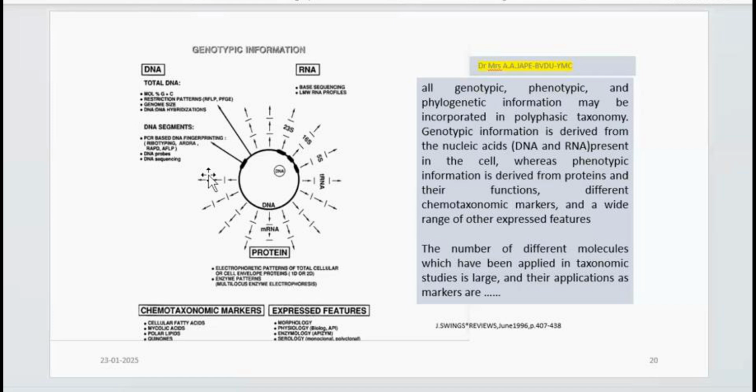So quantity of DNA, salt concentration, and the temperature are the governing factors when we talk about G plus C content, DNA hybridization, and TM as the tools in polyphasic taxonomy, right? So melting temperature can be calculated from the salt concentration and DNA base ratio.